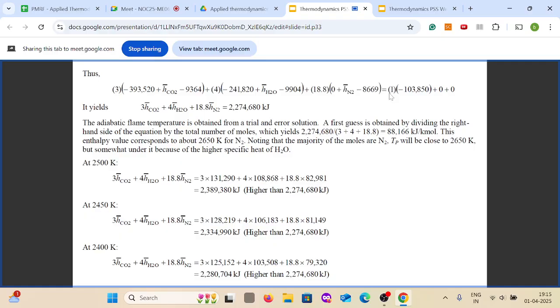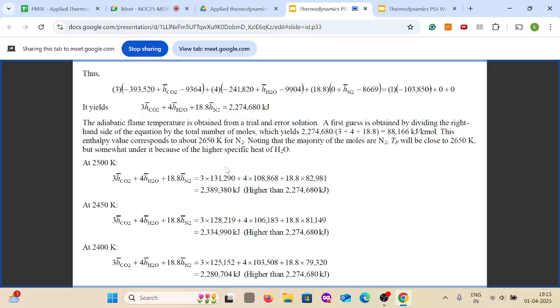This equals the number of moles of fuel into the enthalpy of formation of fuel. Which will give you 3 moles of enthalpy of CO2 at adiabatic flame temperature, 4 moles of enthalpy of water at adiabatic flame temperature, and similarly for nitrogen, equals 22,74,680 kilojoule.